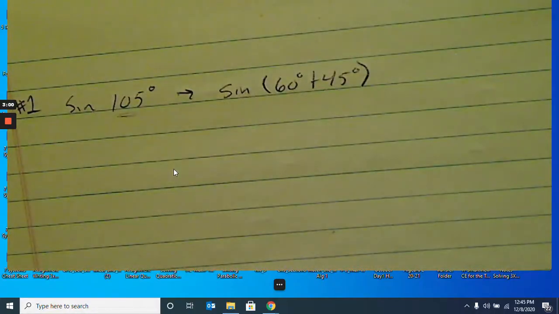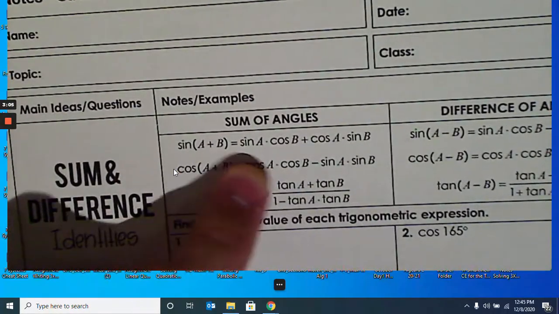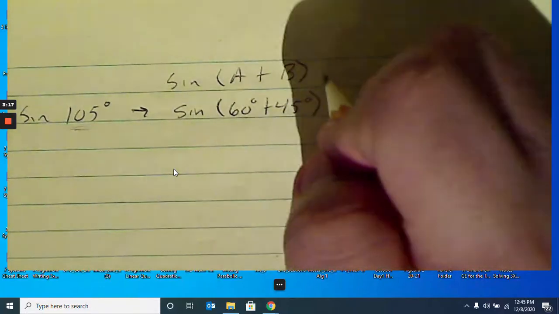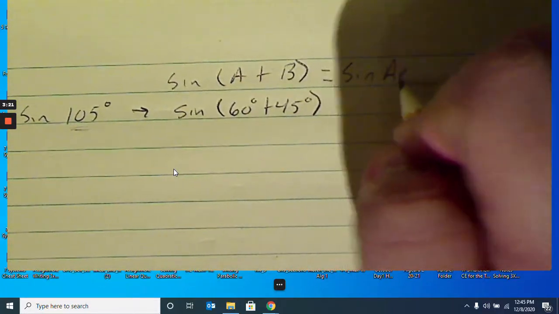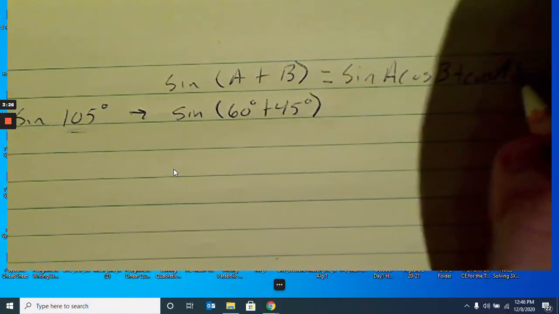And that's important because what that tells me is that I can use the sine of a plus b to rewrite, solve and evaluate what I want to know. So in other words, I'm going to use the sine of a plus b to determine the value by doing sine of a cosine of b plus cosine of a sine of b.